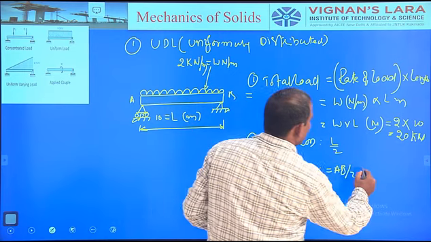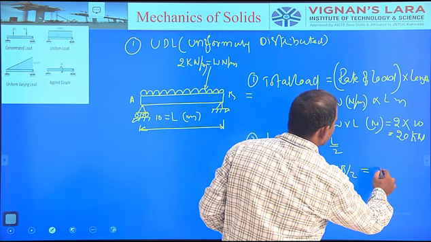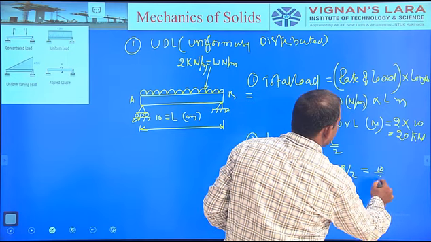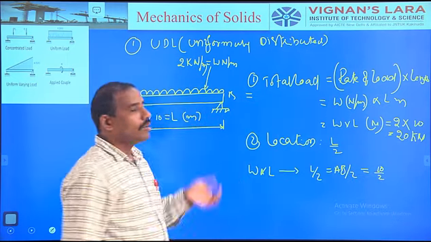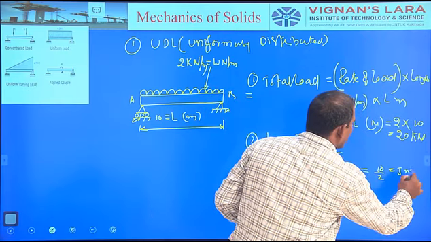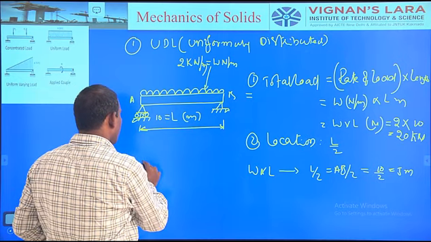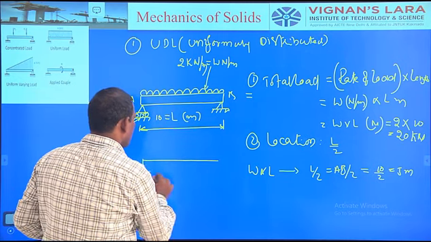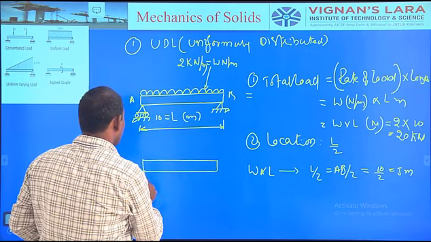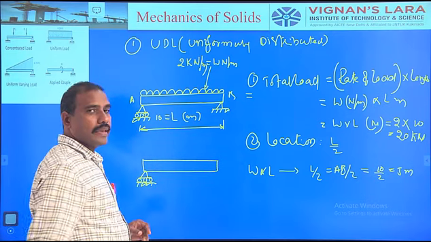So here the 20 kilonewtons load is concentrated at a distance of 5 meters from either A or B in this particular case. Simply, the converted load is represented here. So this is the one support at end A.